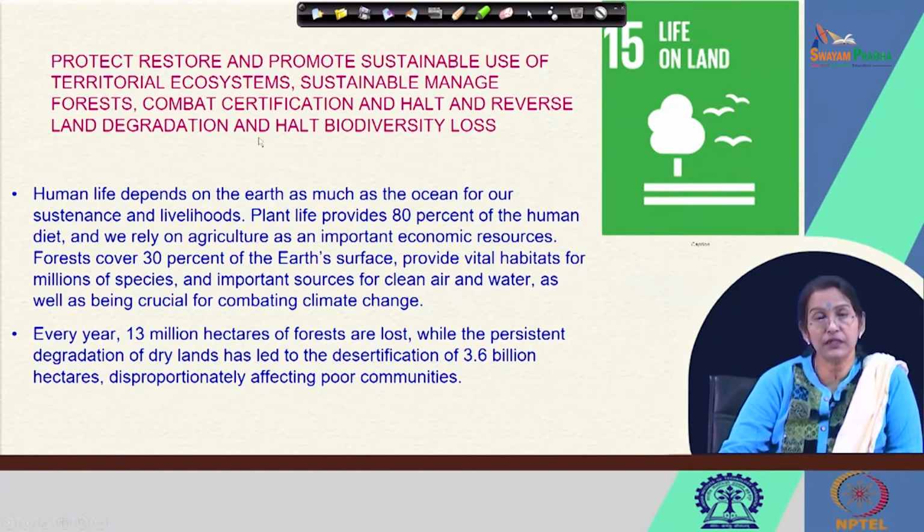Because of deforestation, temperature rise and climate change are also an outcome of such disastrous practices. That is why this SDG 15 is about taking care of life on land, both human beings and the animal planet.